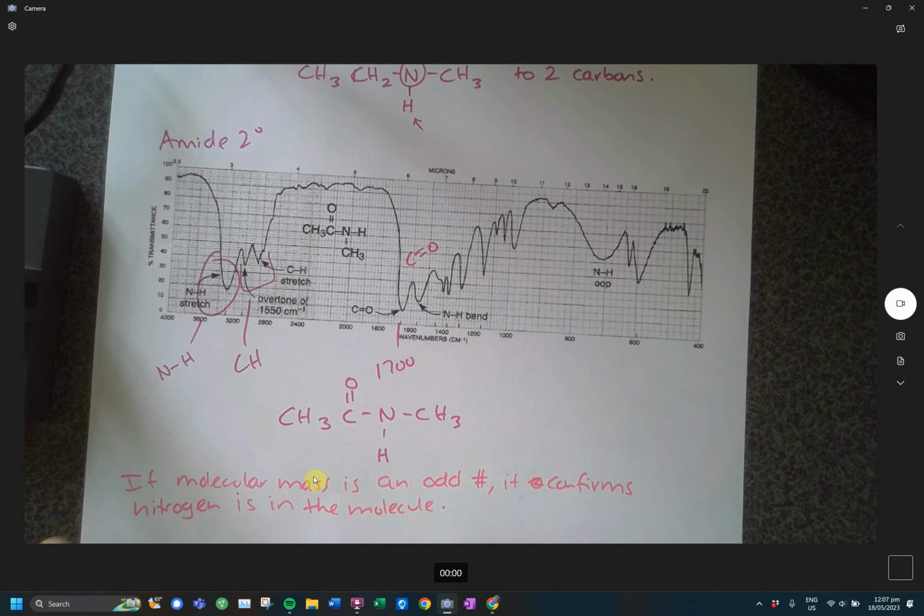So this data doesn't stand on its own, it does back each other up. And I'll show you what I mean on the practice problems that I gave you.